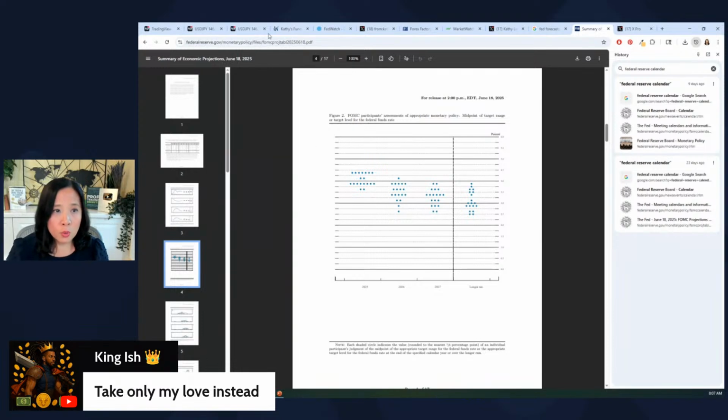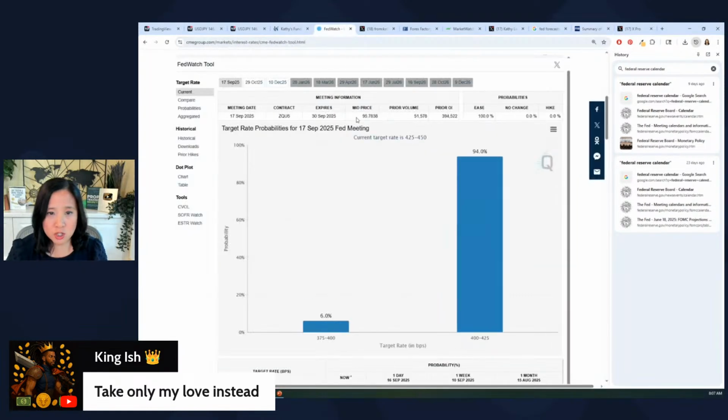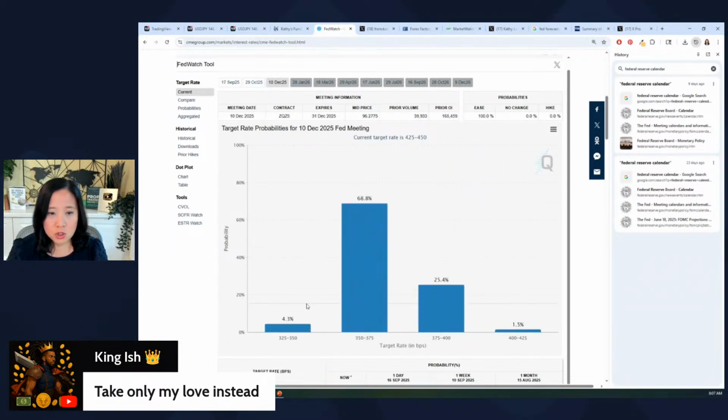So we know, and that's why I showed you here, the market is pricing in December. Right now we are at 4.25% to 4.5%. The market is pricing in about a 75% chance of 3 interest rate cuts.